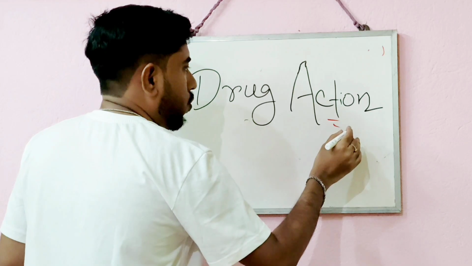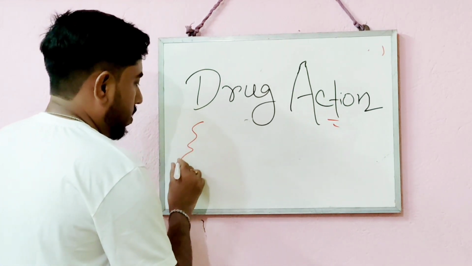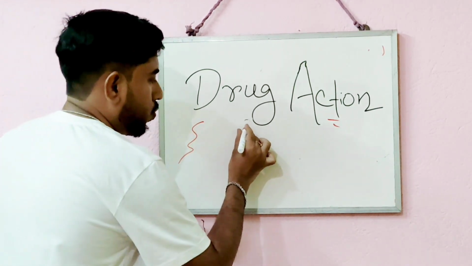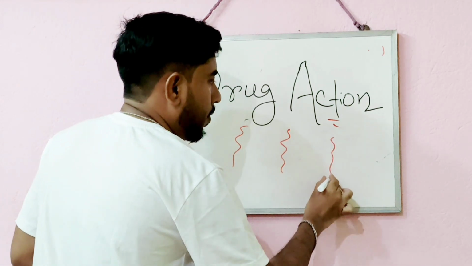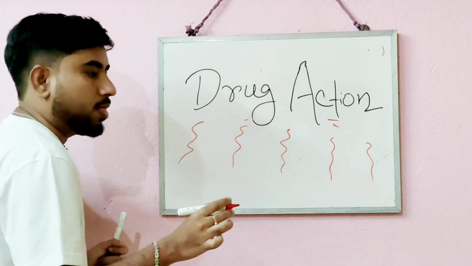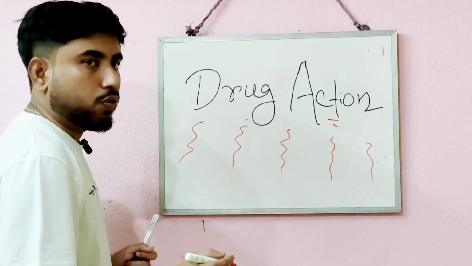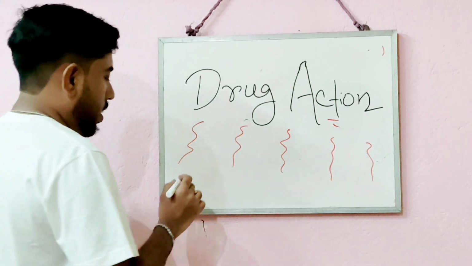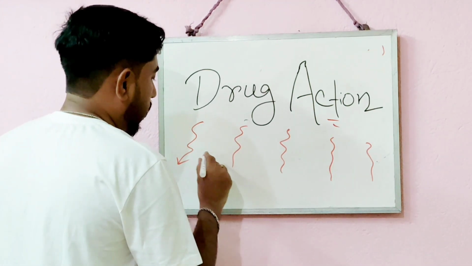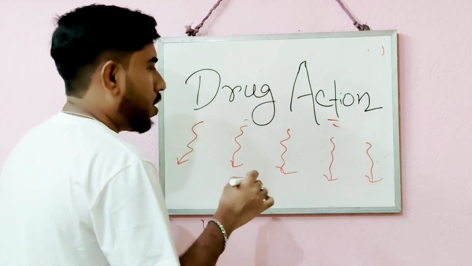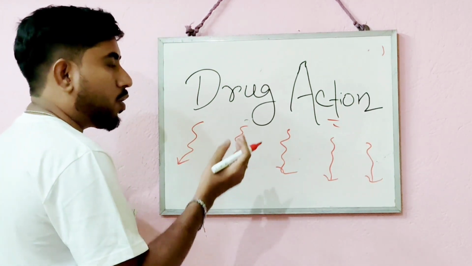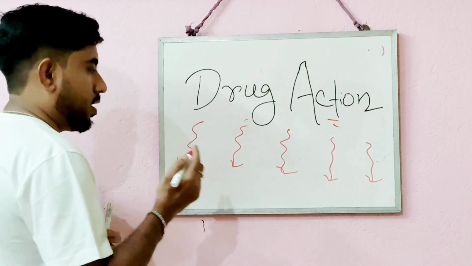A drug can show its action through different mechanisms. Those mechanisms we will explain in the upcoming videos. Today we are going to explain the result of drug action, what is the last effect we see after completion of that drug action or mechanism.